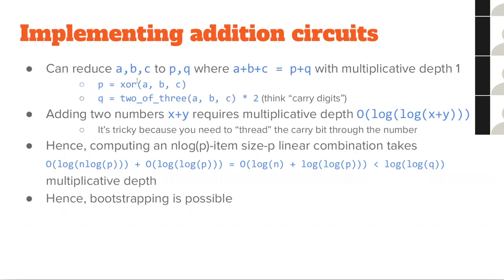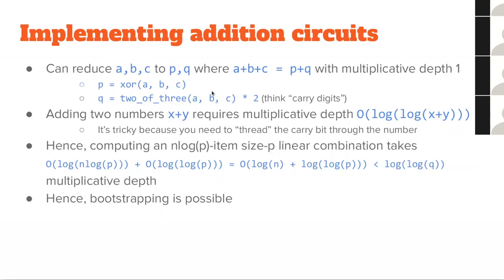So your setting is you just have to add together a whole bunch of numbers. The first step is that you can reduce 3 numbers to 2 numbers, so you can have a 3-to-2 adder that has multiplicative depth 1.